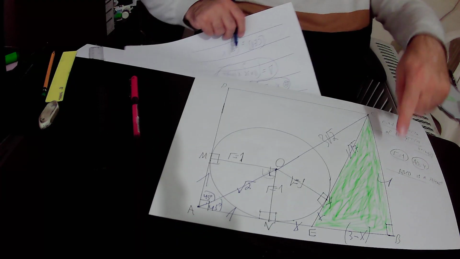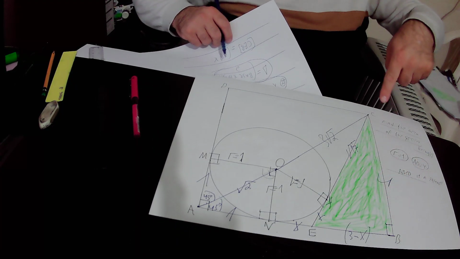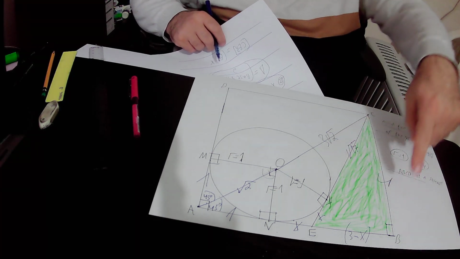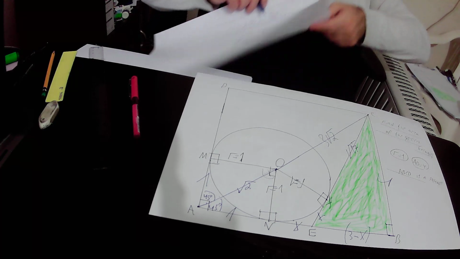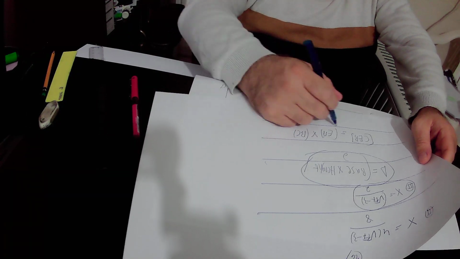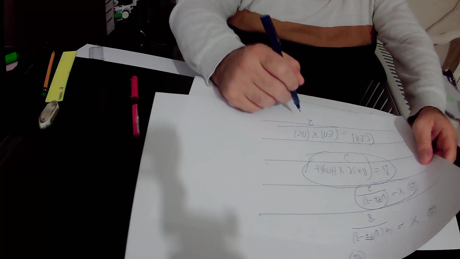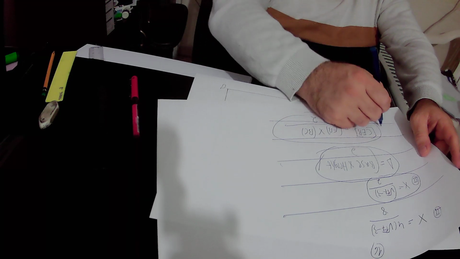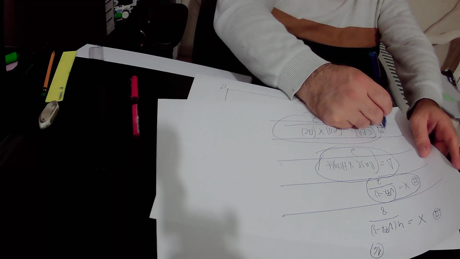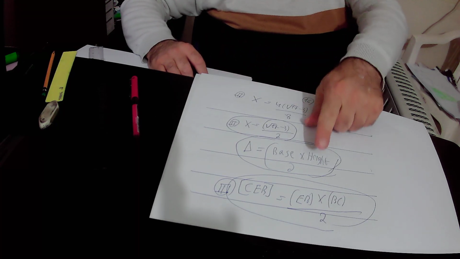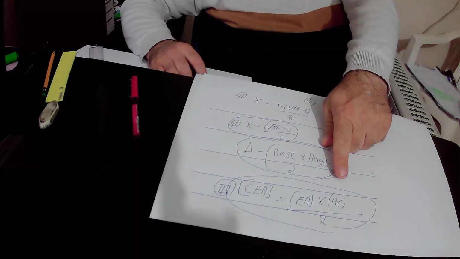The height must create 90 degrees with the base, and indeed CB or BC creates 90 degrees with the base, so the height is BC, over 2. Okay, we found out that according to equation number 3, the area of the green right triangle CEB equals EB times BC over 2.